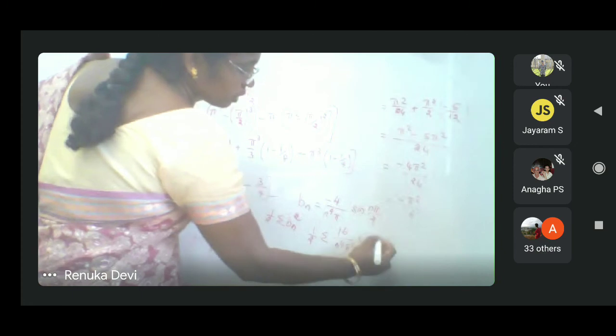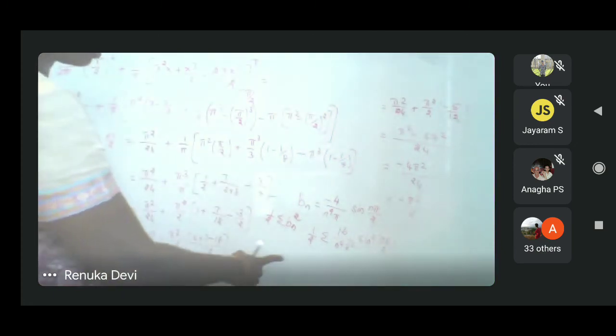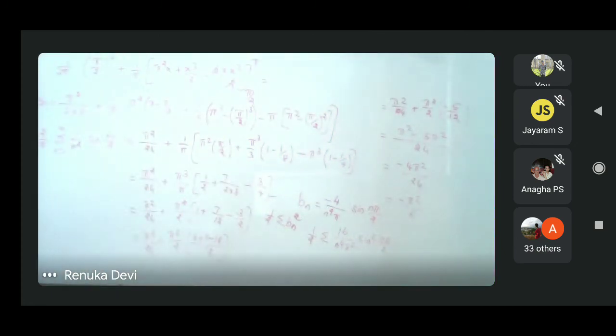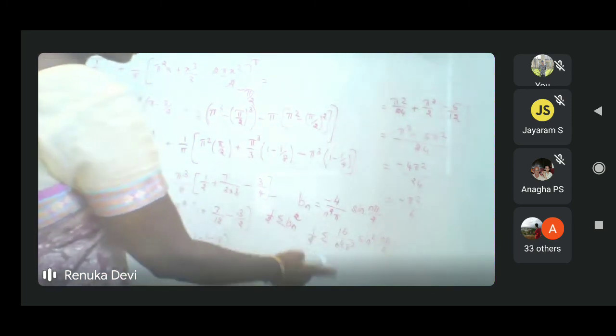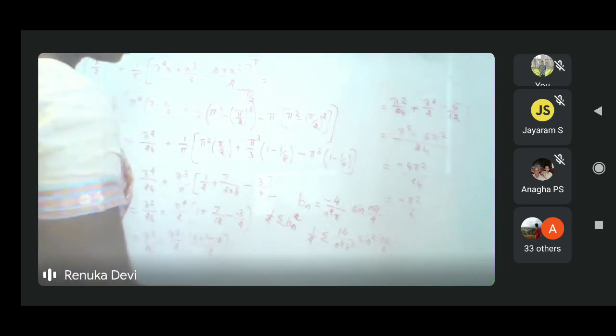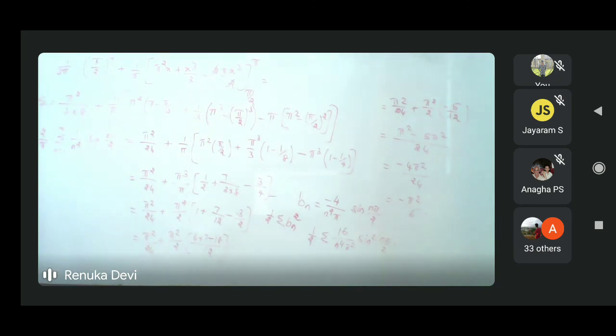Like this you are getting. So in the summation, just to verify, we substitute Bn, but we have to use Bn square. Therefore, this is 8 by pi square, n power 4, sine squared n pi by 2.